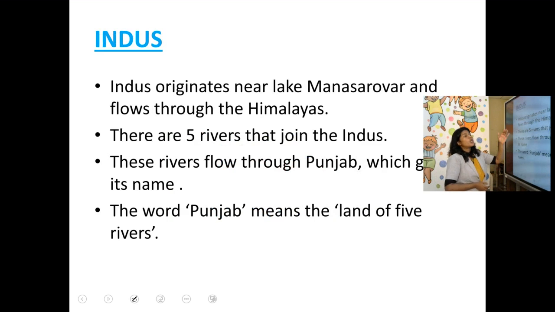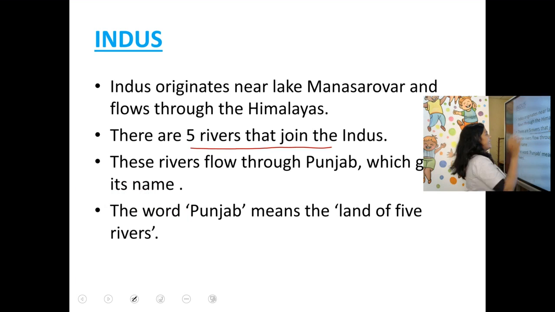Next, about river Indus. The Indus originates near Lake Manasarovar. We already told you about that; the Brahmaputra also originates near Lake Manasarovar. The Indus also originates there and flows through the Himalayas. There are 5 rivers that join the Indus.